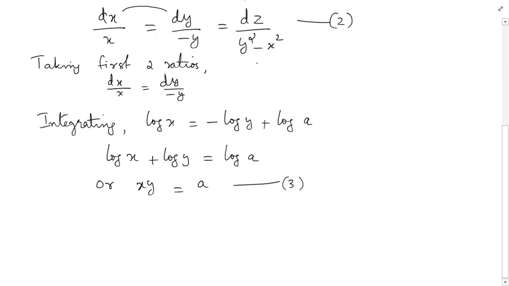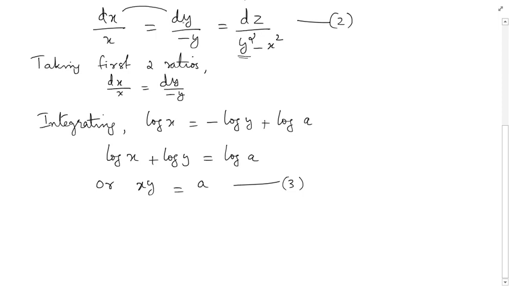For that, you have to find another two ratios which can be written in variable separable form, or which you can write in the form of an exact differential. But here you see, if you take the first and third ratio, the differential coefficients are dx and dz, and here this term contains y square and you cannot eliminate this.